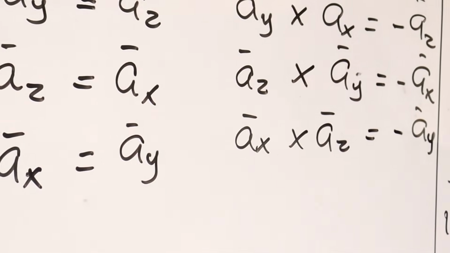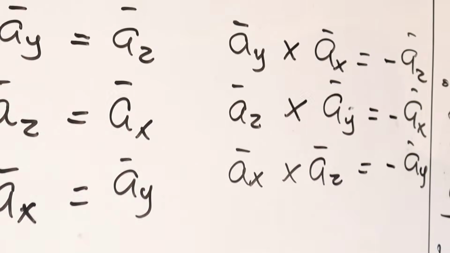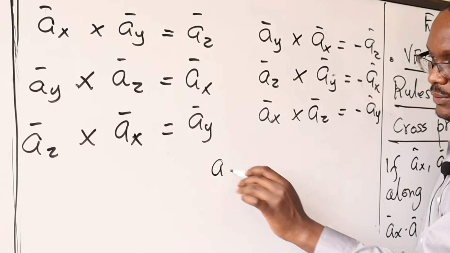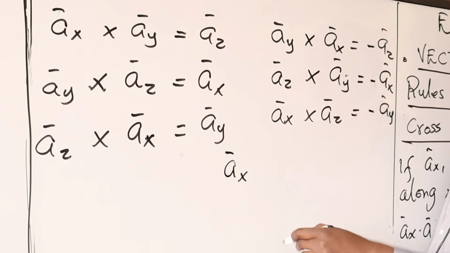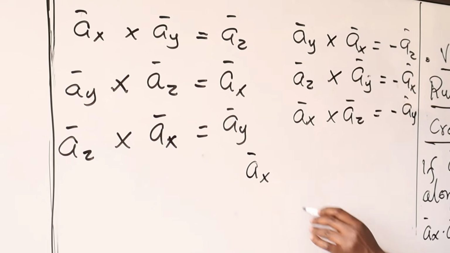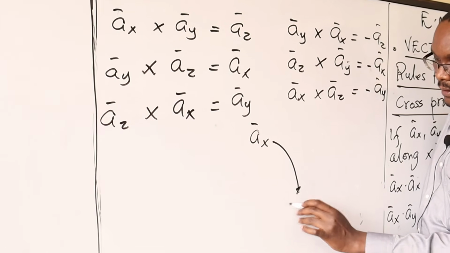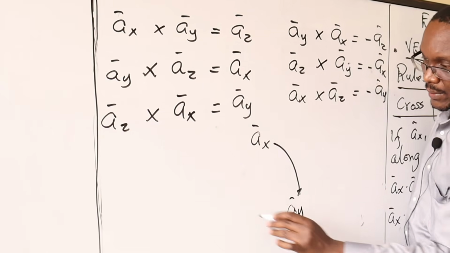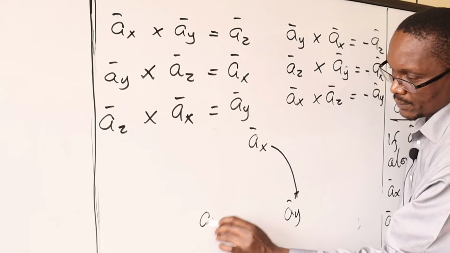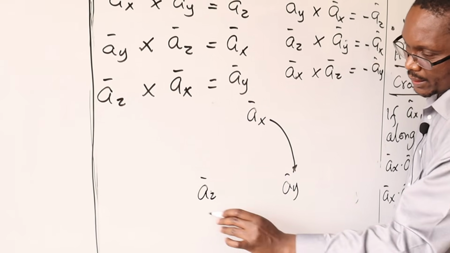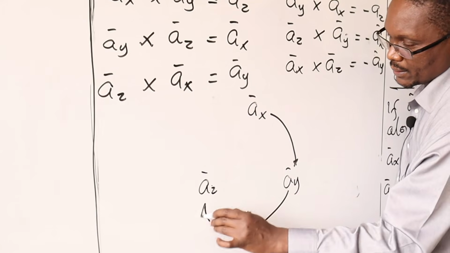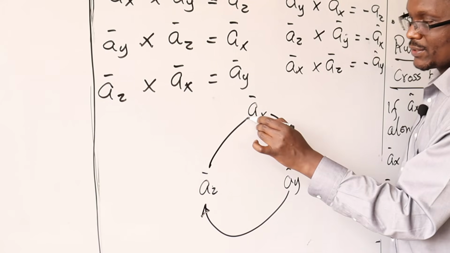You don't need to cram this. It's very simple. As a student, you should just know how to draw a cyclic permutation. We have AX, from AX we go straight to AY, from AY we have AZ, and you can do a cyclic permutation like so.